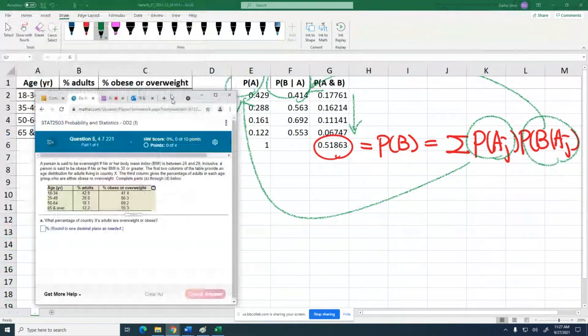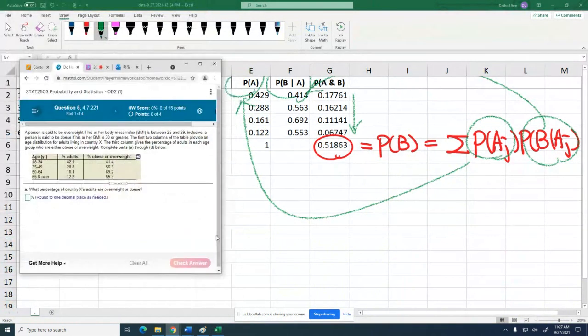Then what? In part A, what percentage is overweight? What do I need? Does it depend on the age? In part A, it didn't ask us about the age. Age doesn't matter.